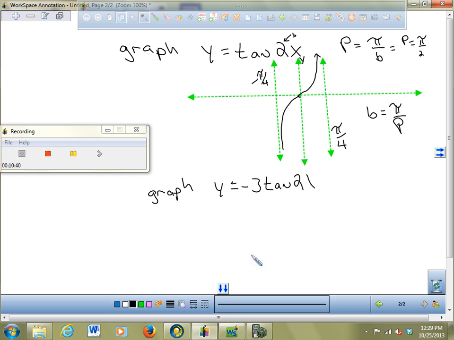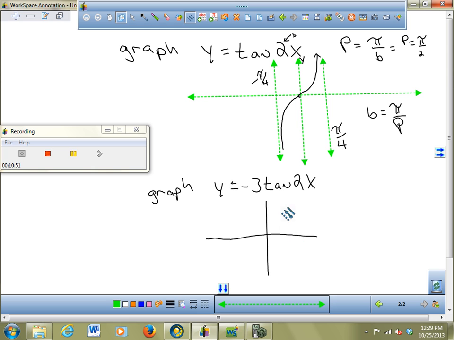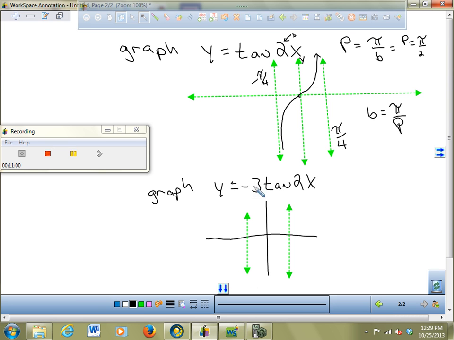How would that be different? Still has that period of pi over 2, right? Which we just did one like that. So the asymptotes are in the same place. What's this negative going to do to it? Very good. It's going to make it come down this way, and it's going to go this way. Okay?